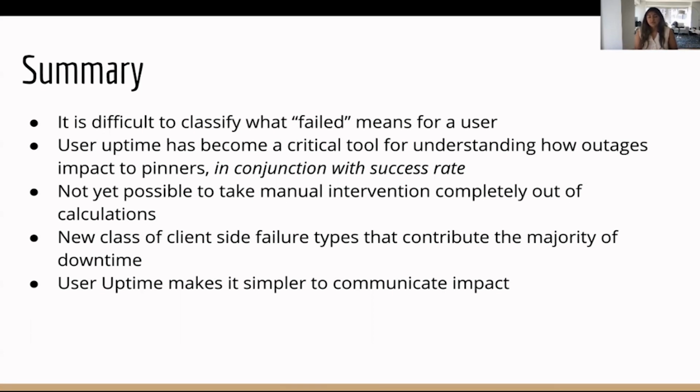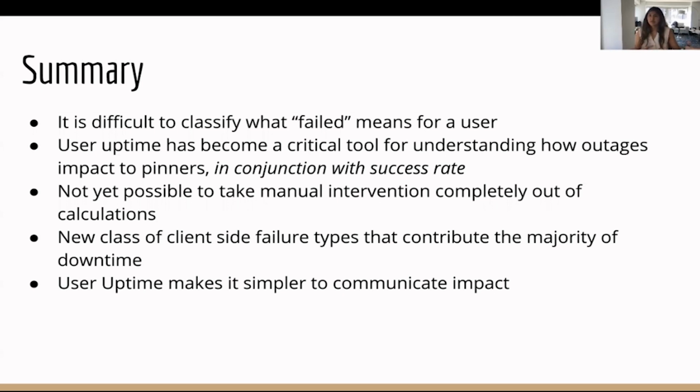And then lastly, one of the biggest benefits of user uptime is that it's made it much more simple to communicate impact. Before, when we had an outage or we were trying to get some fix prioritized, we would say it's causing X number of errors, success rate is at this percentage, but we weren't able to really tie that to business metrics or user experience.